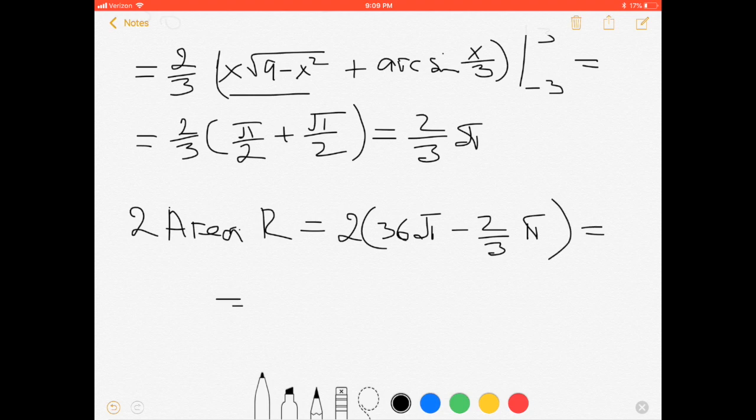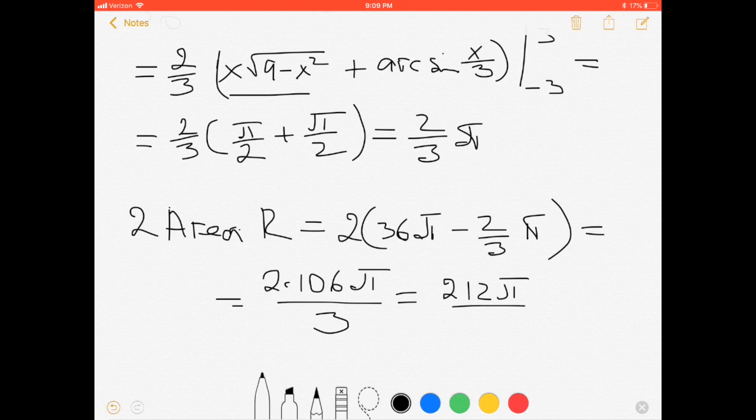It will be finally 9, 108 minus 2, 106. So 2 times 106 pi over 3. Okay, if I'm not making an arithmetic mistake, we have this kind of answer.